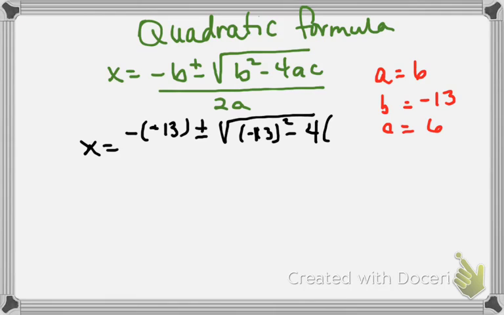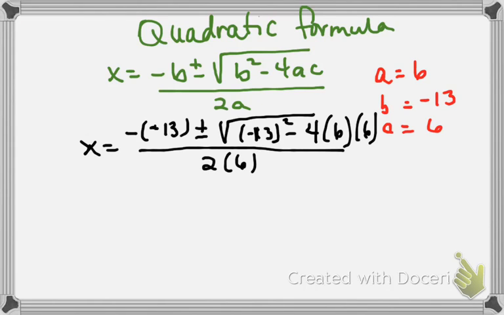Then 4 times 6, and then c is also 6, all over 2 times 6. Alright, so I'm going to rewrite this. A negative 13 and a negative makes it a positive 13, plus or minus the square root.